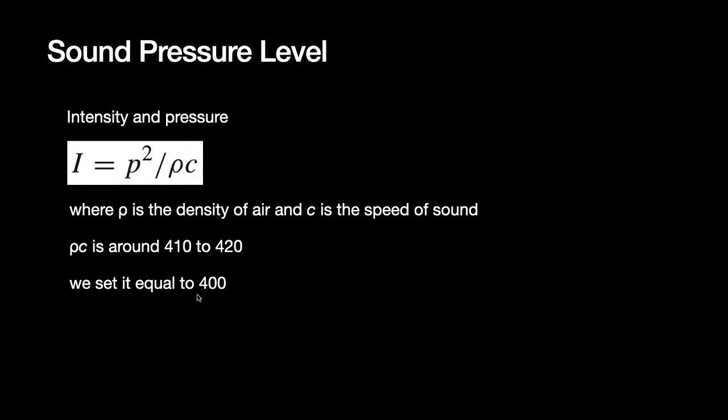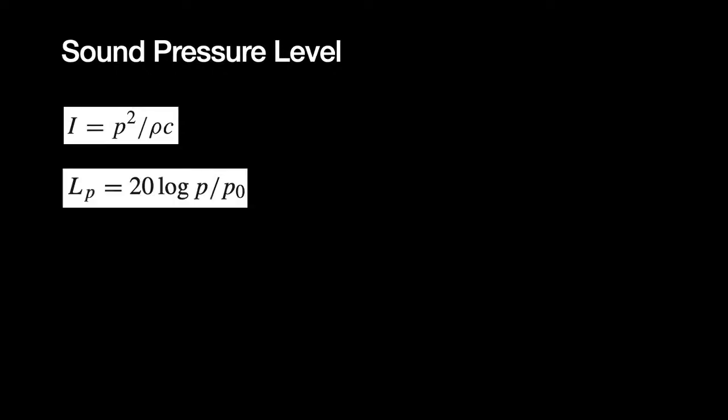Now if you do these calculations, put in this equation, and then put back in the equation for sound intensity level, you will get something called the sound pressure level. If you want the details, look at the reference.